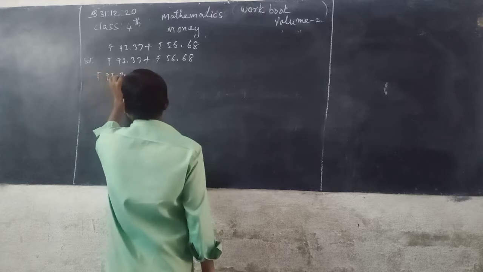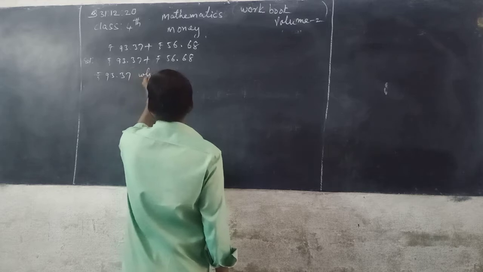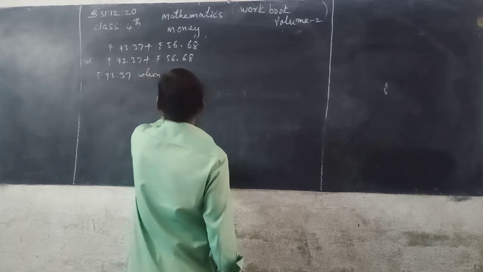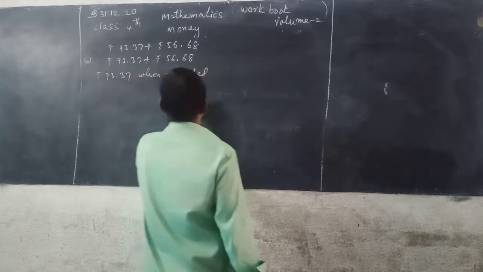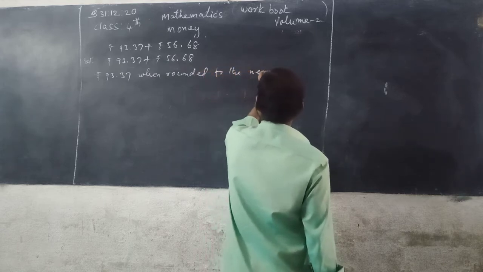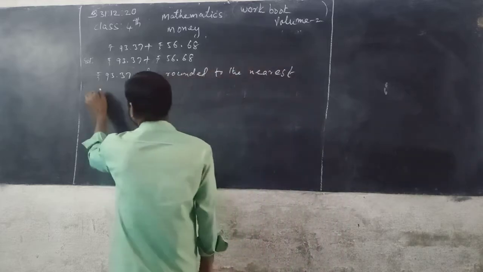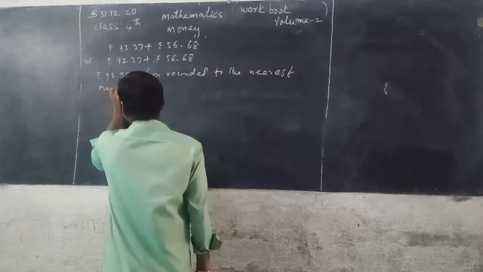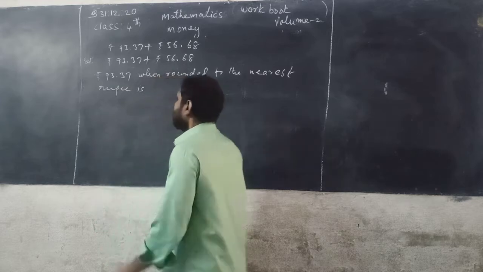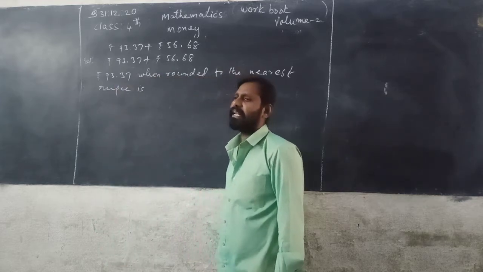93 rupees 37 paise when rounded to the nearest rupee is, see here, 37 paise is less than 50 paise, beta, so nearer to 0 rupee.